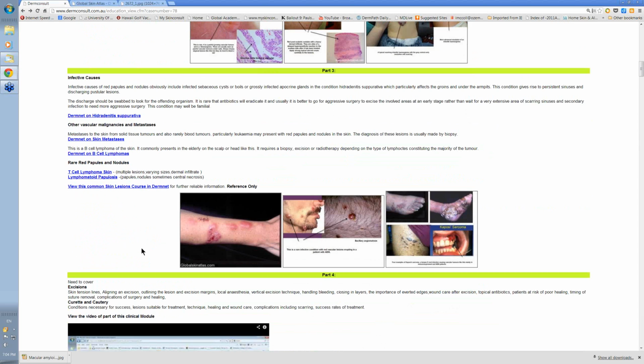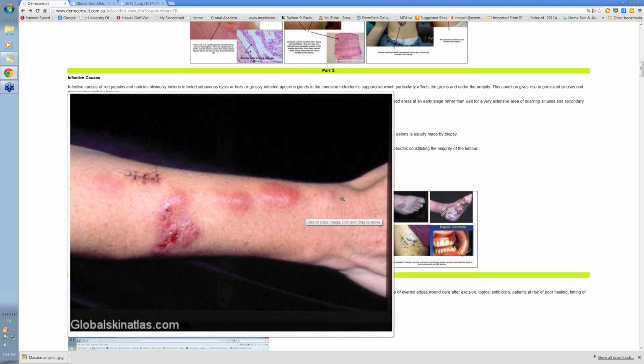What else? There's a couple of other red papules and nodules you should know about. Always remember sporotrichosis. This is where you have a red nodule that progresses its way with a series of them coming up lymphatics. In other words, you have sporotrichoid spread. Usually there's been a penetrating injury to the skin and the sporotrichoid organism has been implanted deep in the skin.